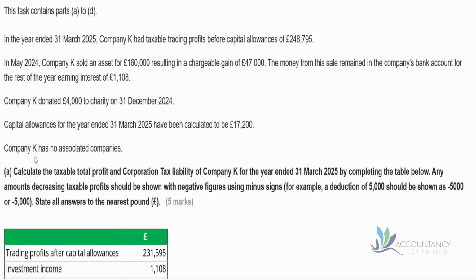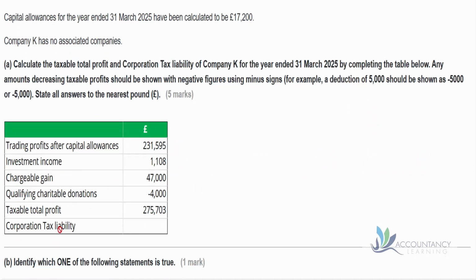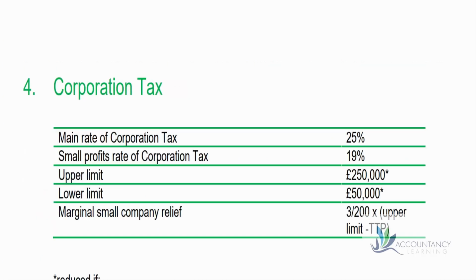Now we're also told that Company K has no associated company. What's the significance of associated companies? We may need that to calculate any marginal relief, but let's see whether we need to do that anyway. So we need to work out the corporation tax liability. What tax rate are we going to use here? Here are the reference materials, and we're looking at section 4, and we can see that we have two different tax rates.